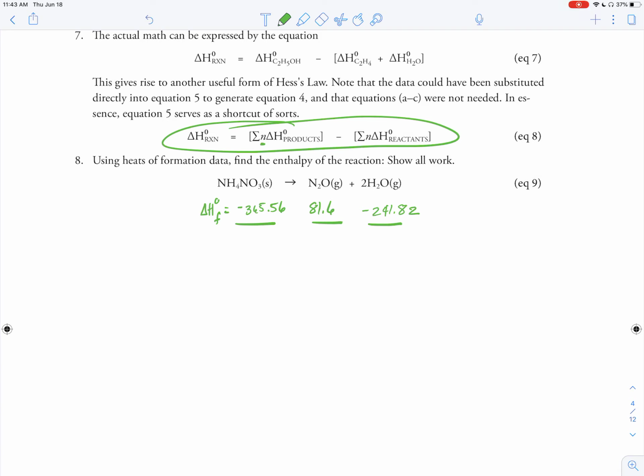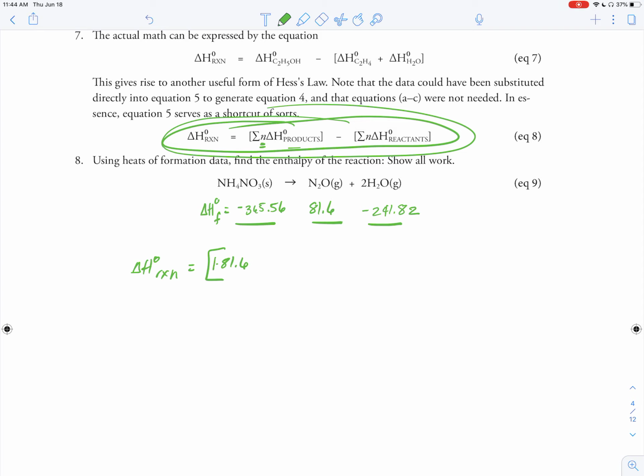So now what you do is you just literally plug them into this formula. The delta H naught of reaction is going to equal the sum of all of your products, that's this side over here, each one of them times their coefficient, or the number of moles, or n. So I'm going to take the first product, and it's 81.6, and the n for it is 1.